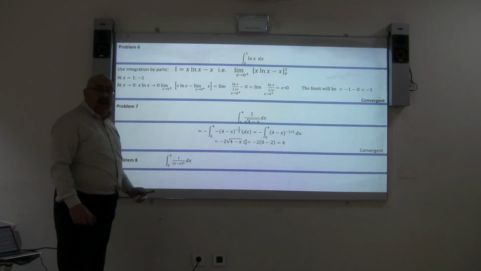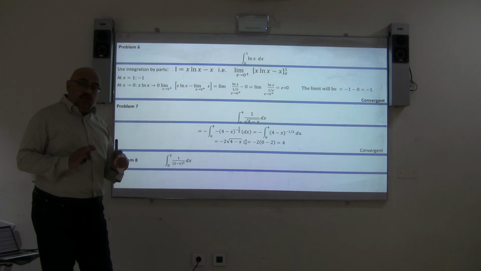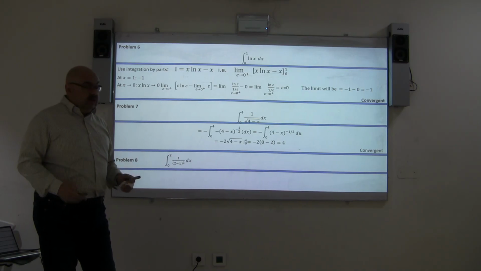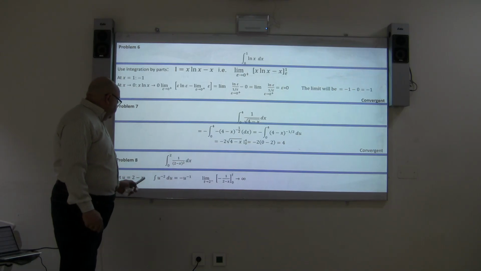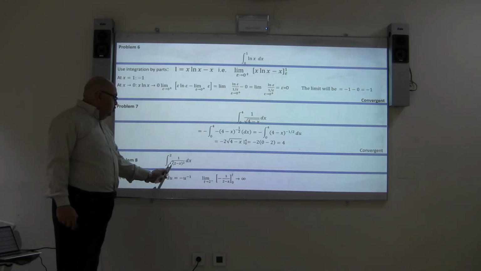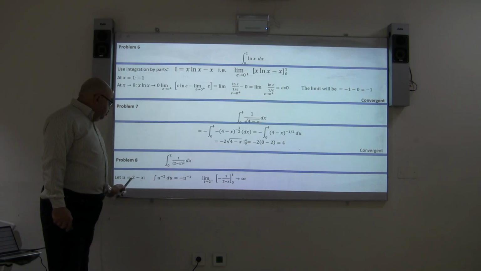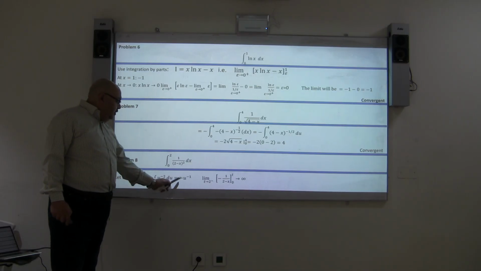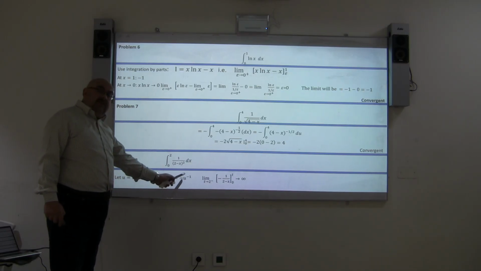In this problem, I made the substitution to solve the problem of integration, although I can solve it, of course, without substitution, but you know, it's just to show it to you. So I've assumed that 2 minus x is equal to u. Integrating first, I will have negative u to the power of -1.